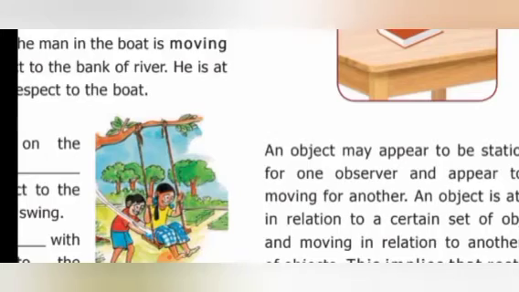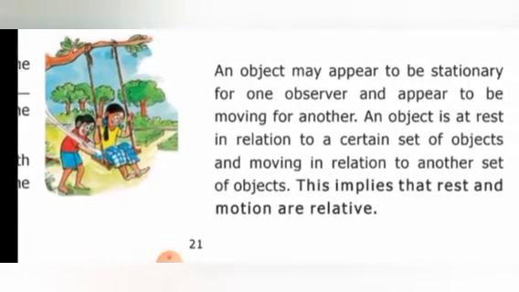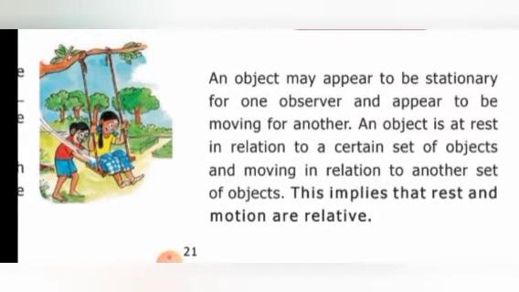Is it clear, children? An object may appear to be stationary for one observer and appear to be moving for another. An object is at rest in relation to a certain set of objects and moving in relation to another set of objects.